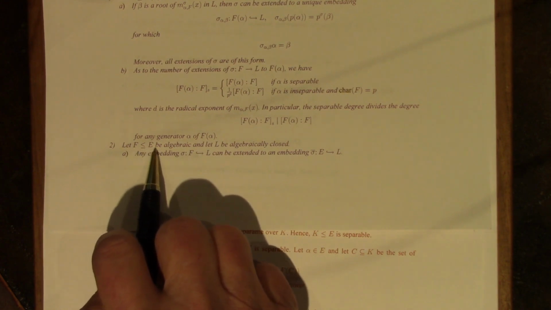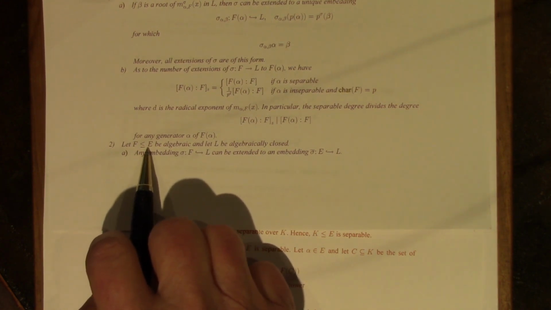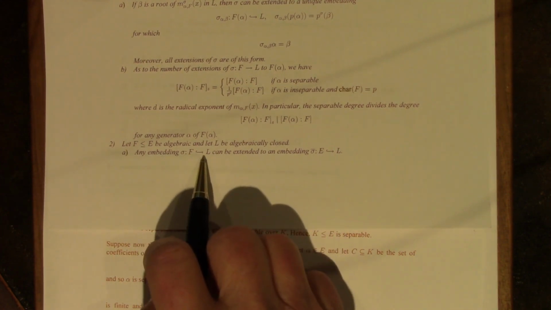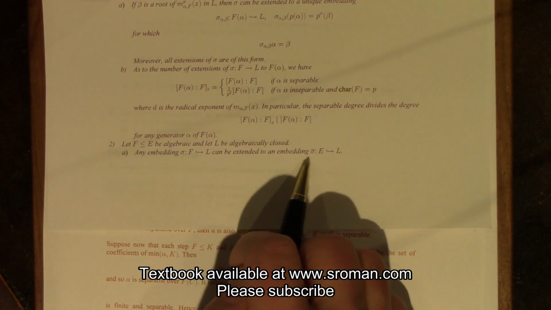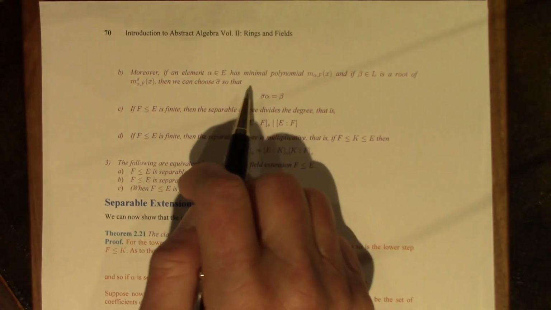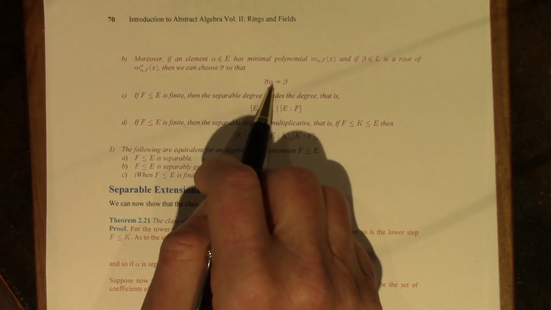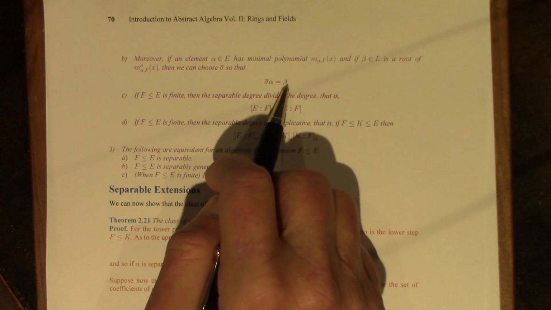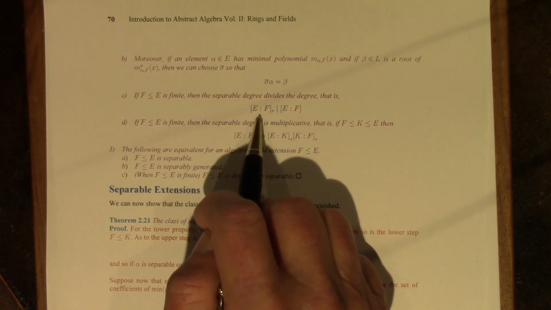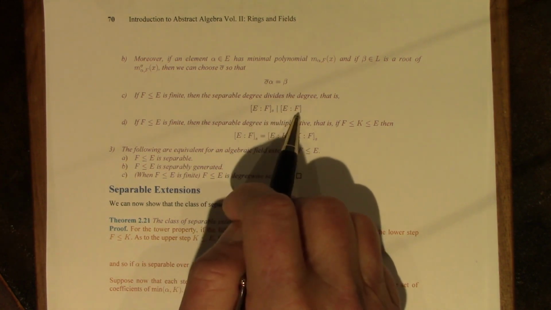When we have an algebraic extension of the domain, any embedding of F into L can be extended to an embedding of E into L. And we can specify, as before, that a particular alpha goes to a particular beta. We have the divisibility here, separable degree divides degree.